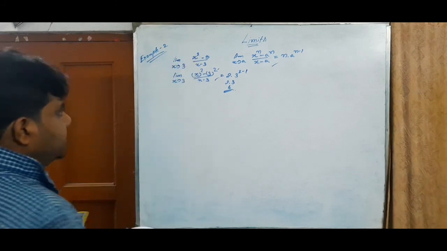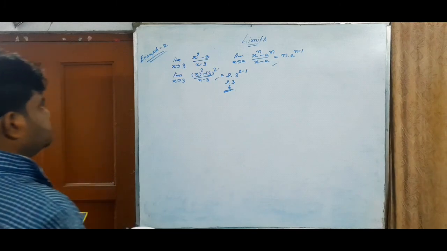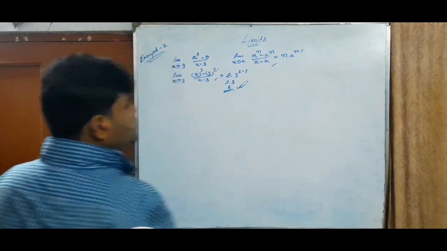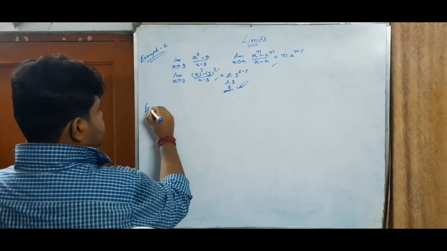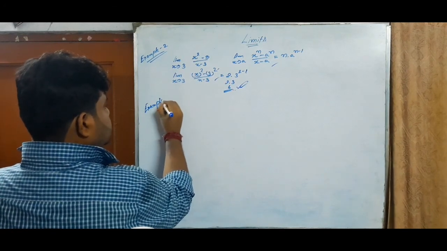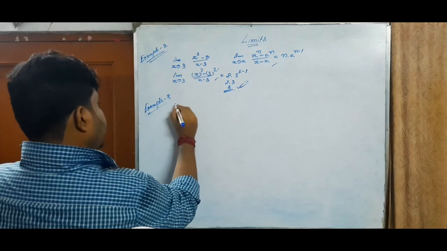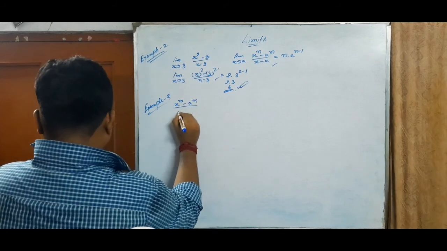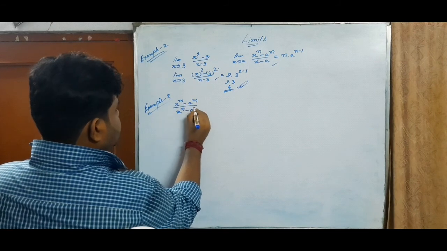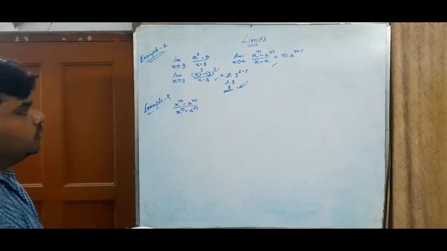Second example, example 2. Now this is the most easy example. Okay, now we are taking another example, that is example 3. x to the power n minus a to the power n by x to the power n minus a to the power n. Now how can we solve this?